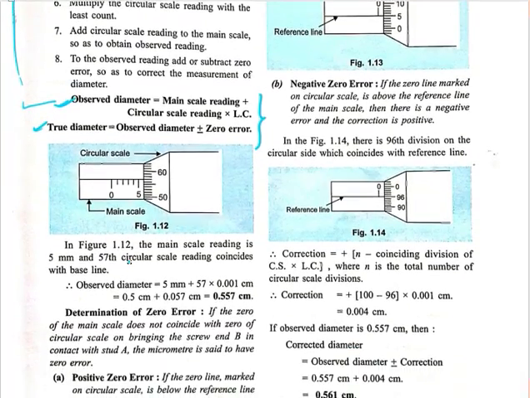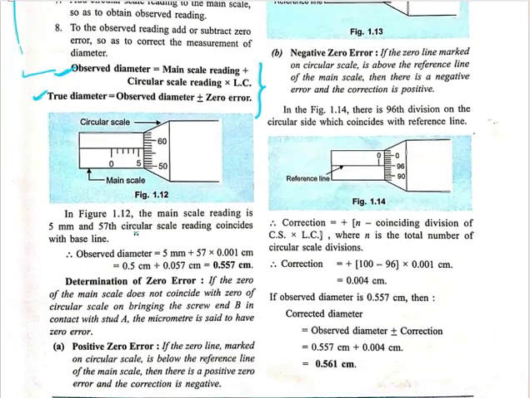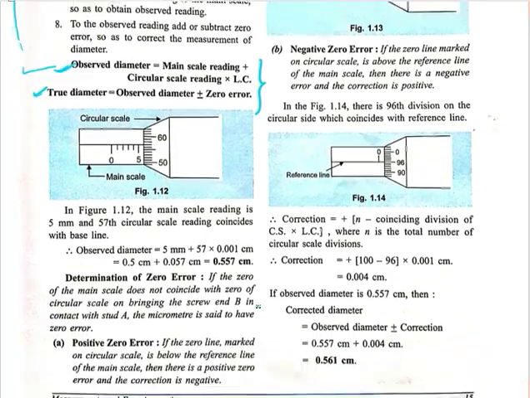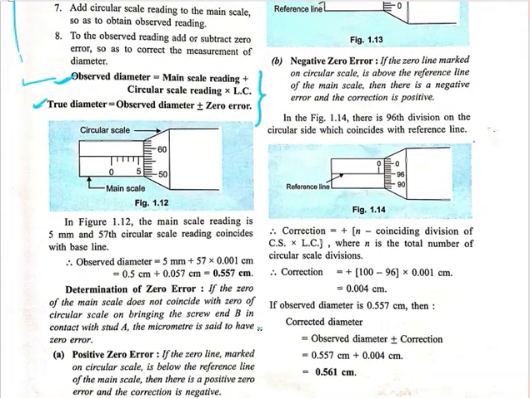This is almost the same as the vernier calipers. We have to determine the zero error, positive zero error and negative zero error, and for each case we have a formula.